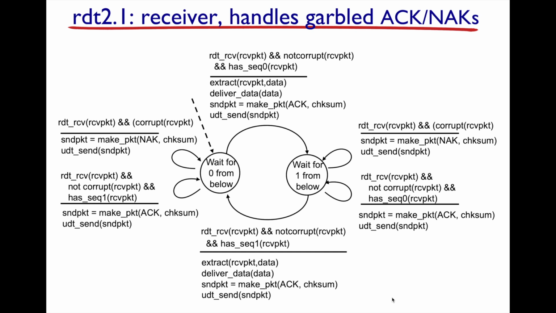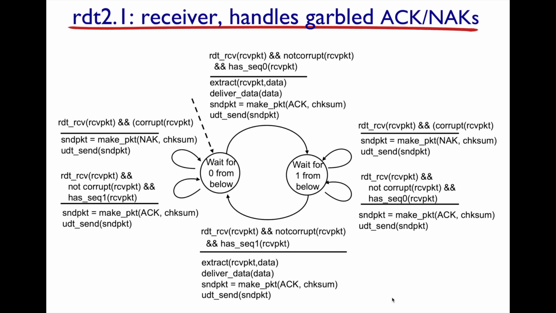So you'll notice here, for each of these states, specifically this wait for 0 from below, there are 3 edges, right? The first edge, that bottom edge, corresponds to getting a packet out of order. You're waiting for the packet with sequence number 0, and you got sequence number 1, right? That's not what you want. You want 0, okay?